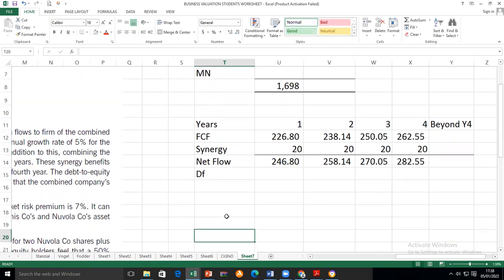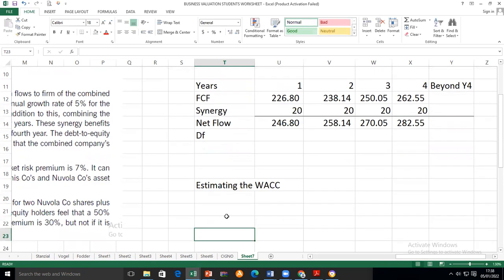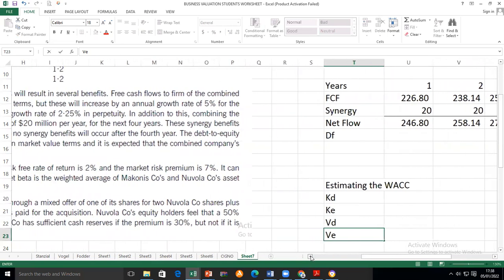So let's do a computation for ourselves. Estimating the WACC. How to estimate the WACC, what do you need? What else? And what else? So let's go, the cost of debt, let's put in.